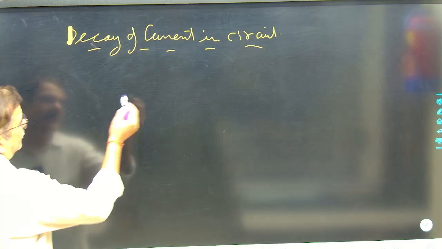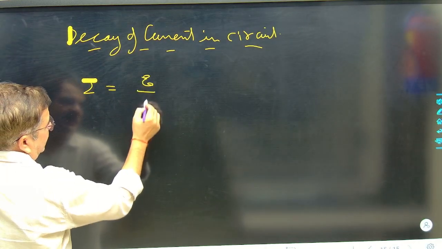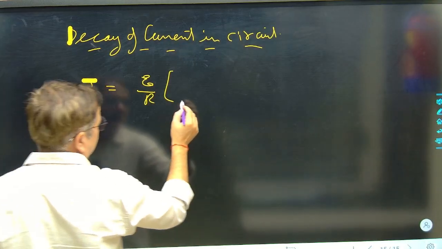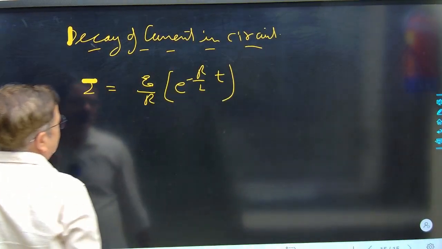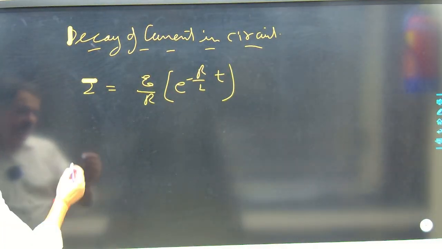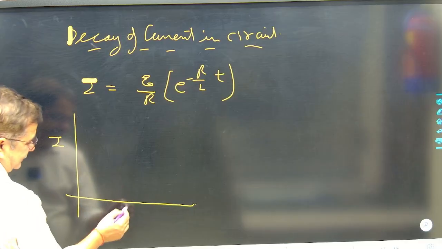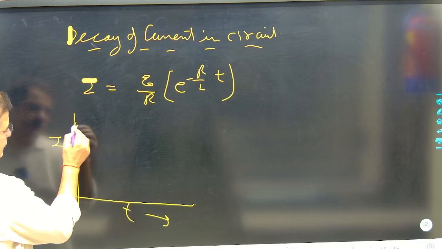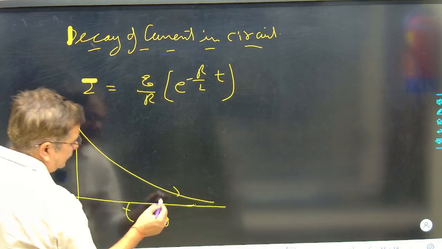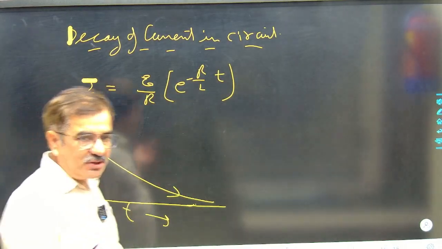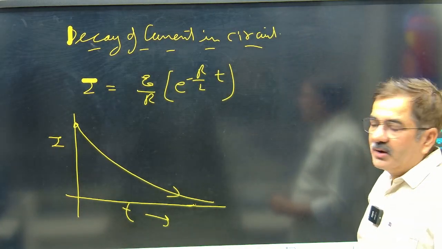So for decay of current, I is E by R times e raised to the power minus R by L into t. This value we can put. The current in the circuit decreases the same way as in the RC circuit. So this result applies either for an increase or decrease of current in the RL circuit.